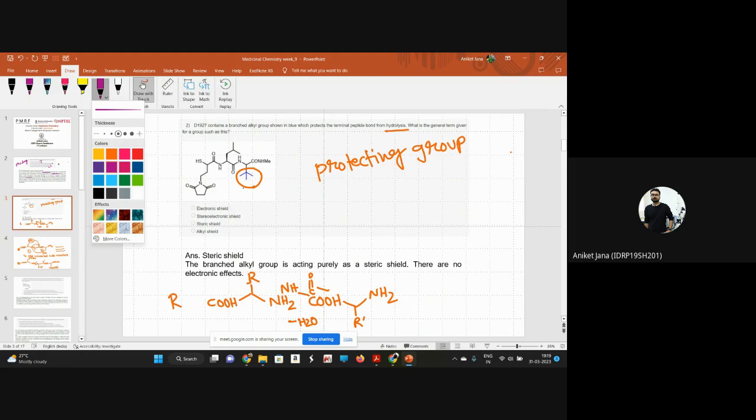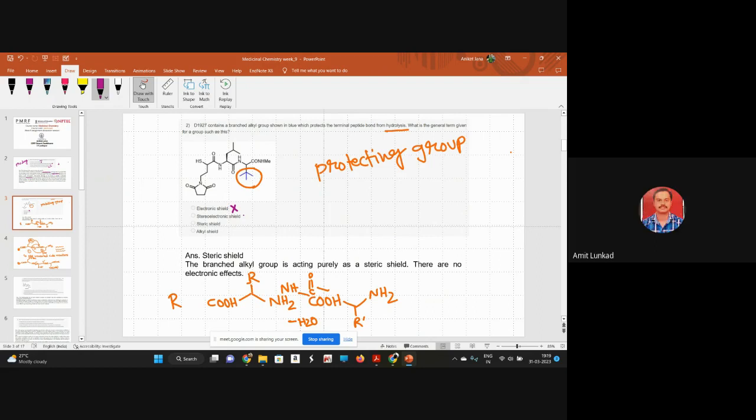Is this group shielding electronically? No, no. Is this a stereoelectronic shield? No, no. Is this an alkyl shield? No, no. So it is the steric shield, right?